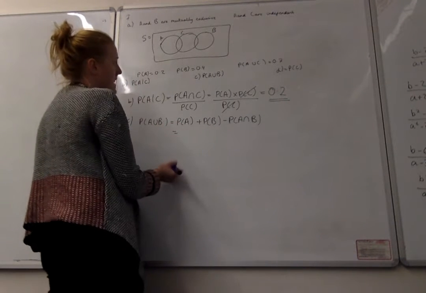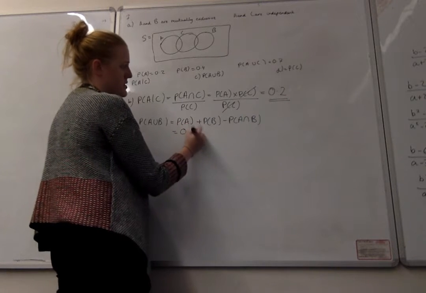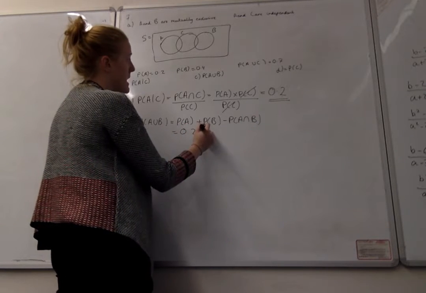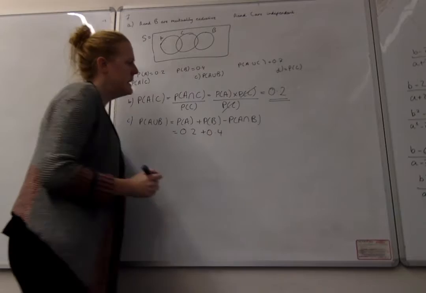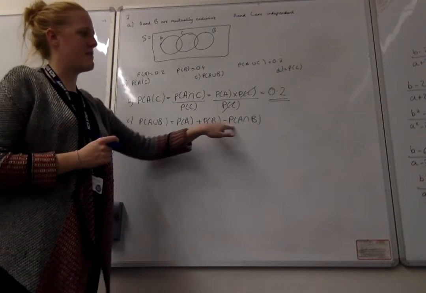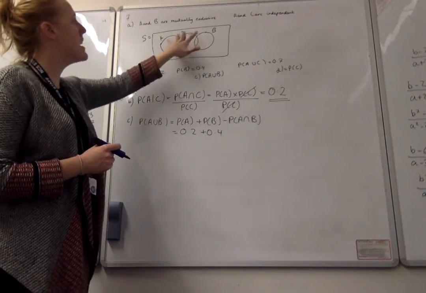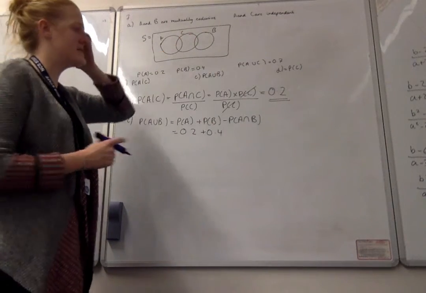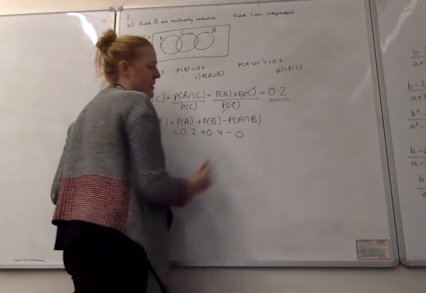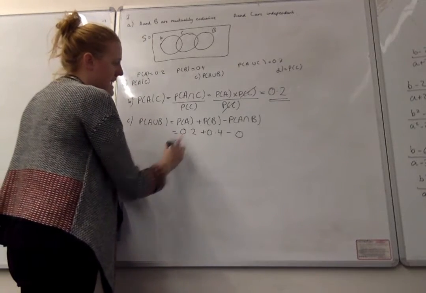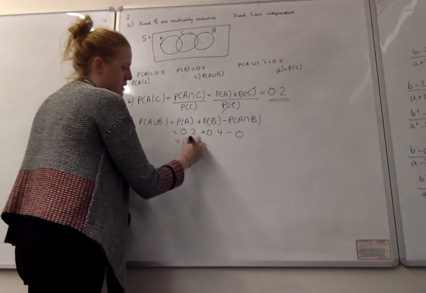I've got the probability of A, which is 0.2. I've got the probability of B, which is 0.4. Now I'm asked for this bit here, the probability of A and B. Okay? Now, because A and B are mutually exclusive, there is no intersection. This is just nothing. So the probability of A or B is simply 0.6.